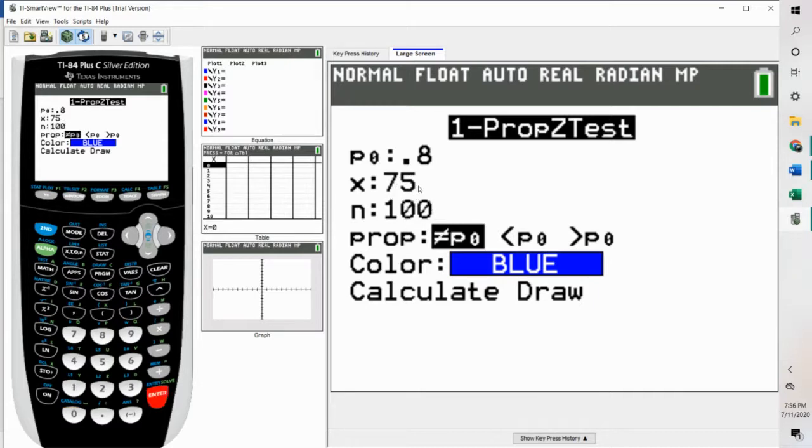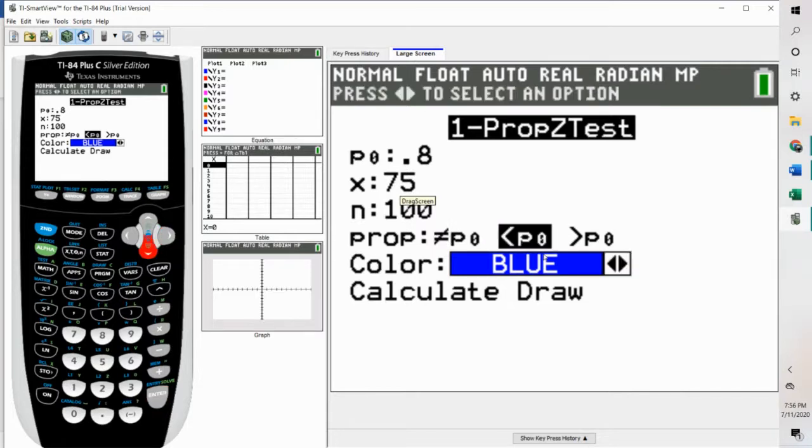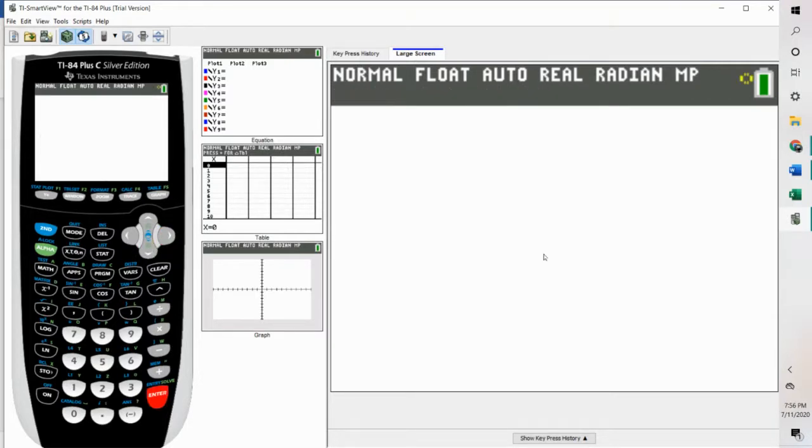So 0.8, 75 out of 100, because it was 75 and there was 100 in the sample. And then our alternative hypothesis was less than, so we want this one. And then we calculate.